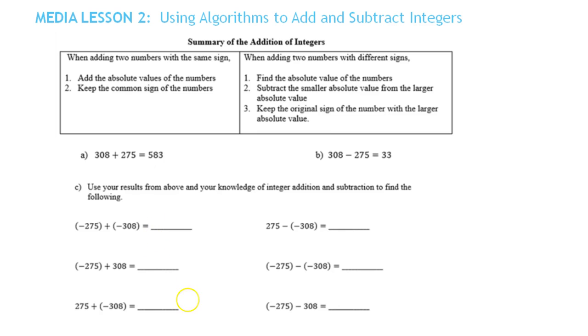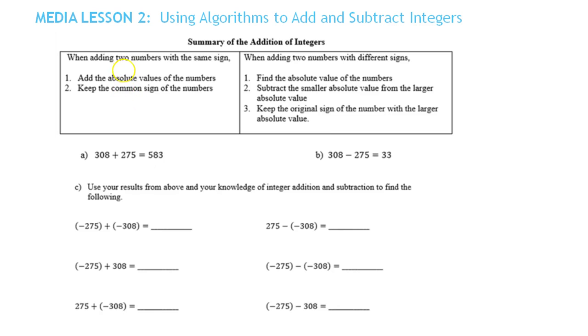And I have a whole bunch of problems listed here. And believe it or not, the answers to all these problems are either positive or negative 583 or positive or negative 33. Should have said positive or negative 583, not plus or minus. So let's see what we're going to do. So let's start with the addition problems, and we use this column.